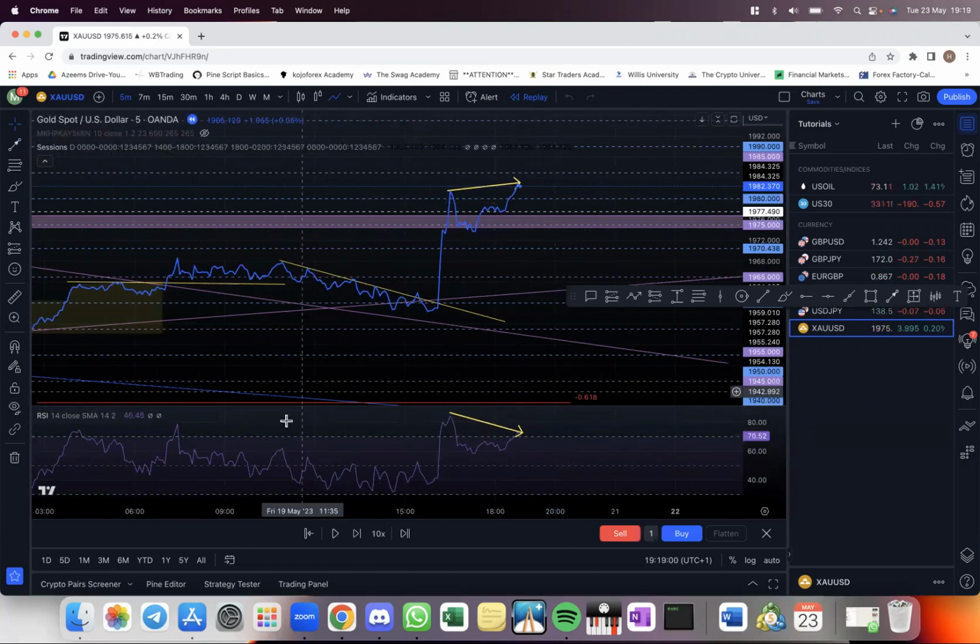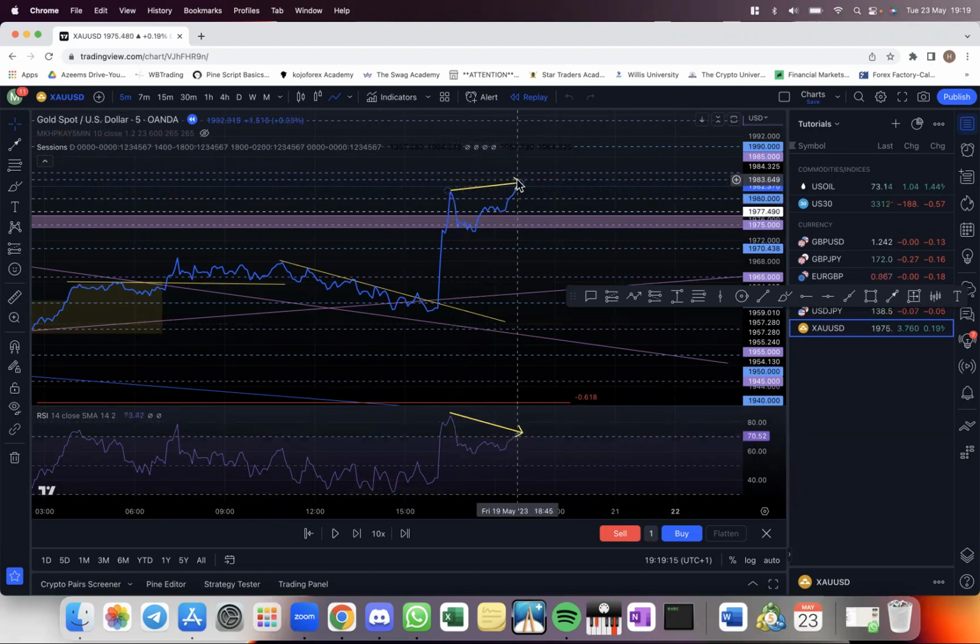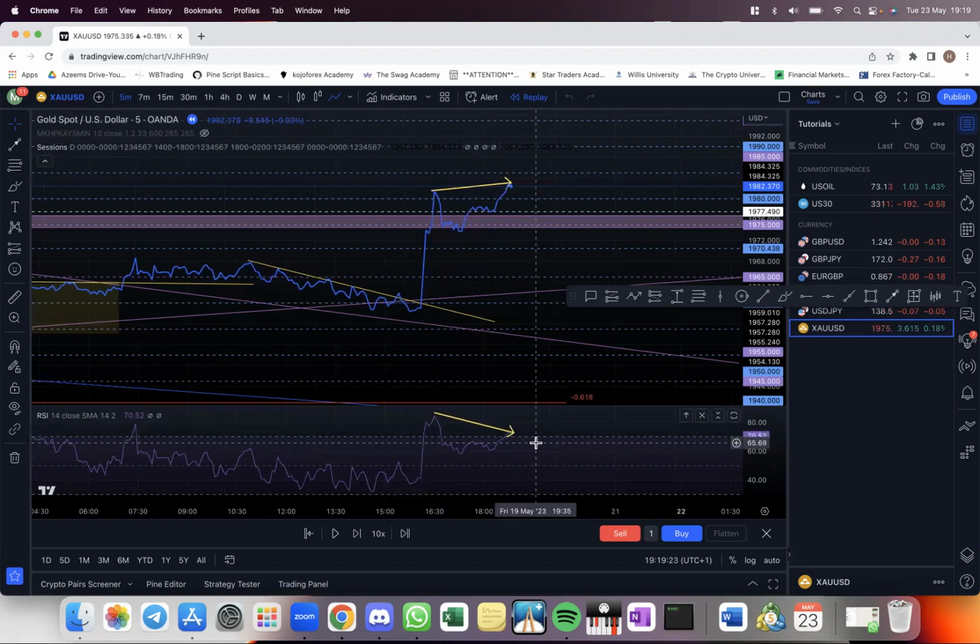We are saying that because this is an indicator which marks the relative strength of the market, and it's telling you that we are coming down. Divergence means that when the price action direction is opposite to the indicator, it is called a divergence. Which means they are doing two opposite things.